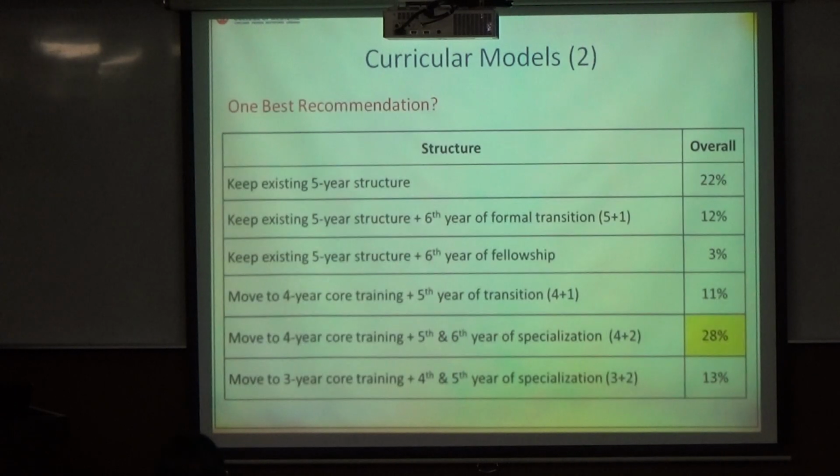And when they asked the program directors, what is your one best recommendation? Although all of them were saying we need to do something about this, we need to change it, still keeping the existing 5-year structure was 22%, and then this 5+1 was lower, and so forth. This 4+2 was slightly higher, but there was a lot of variability here.